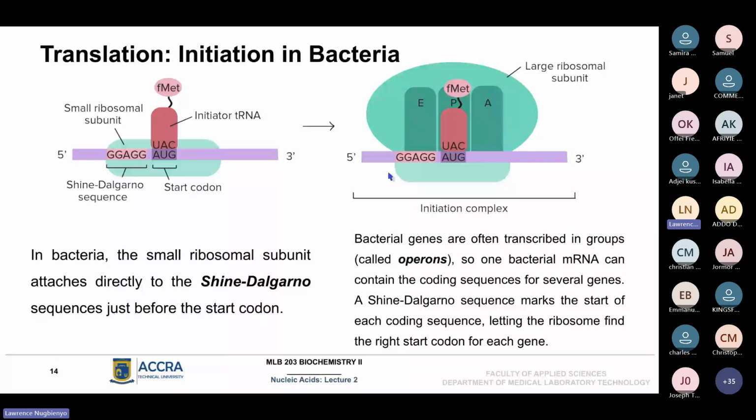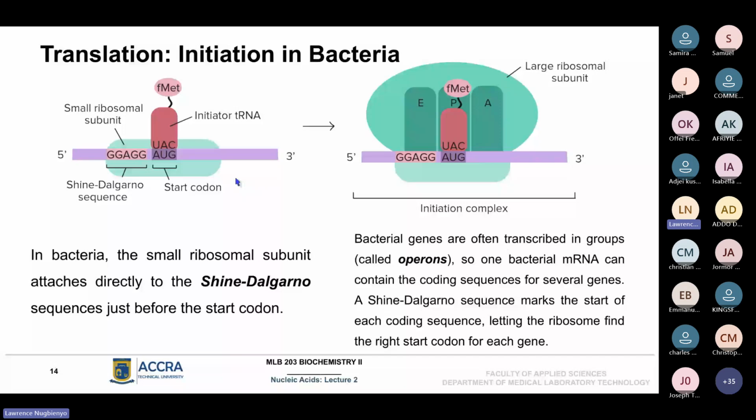Now, we refer to specific portions that the RNA polymerase, the complexes like this initiation complex, the small ribosomal unit, the large ribosomal unit, the code on the messenger RNA, which is recognized, that you find this complex binding to initiate the process of translation, as a promoter region. In bacteria, we refer to it as the Shine-Dalgarno sequence.